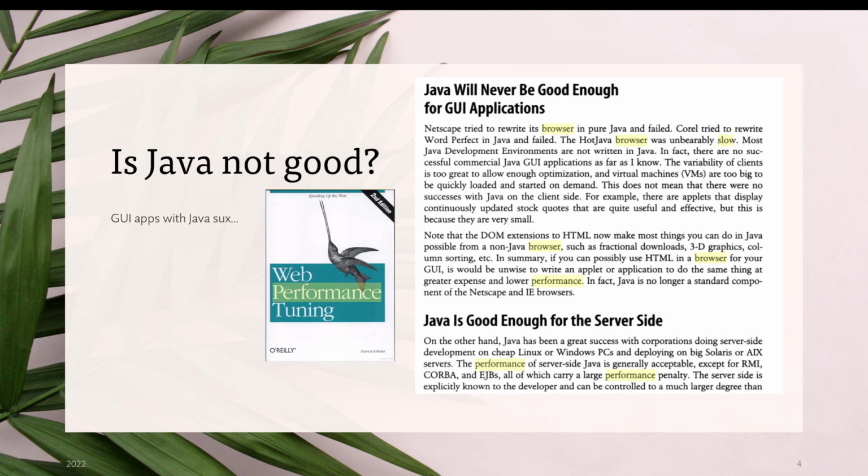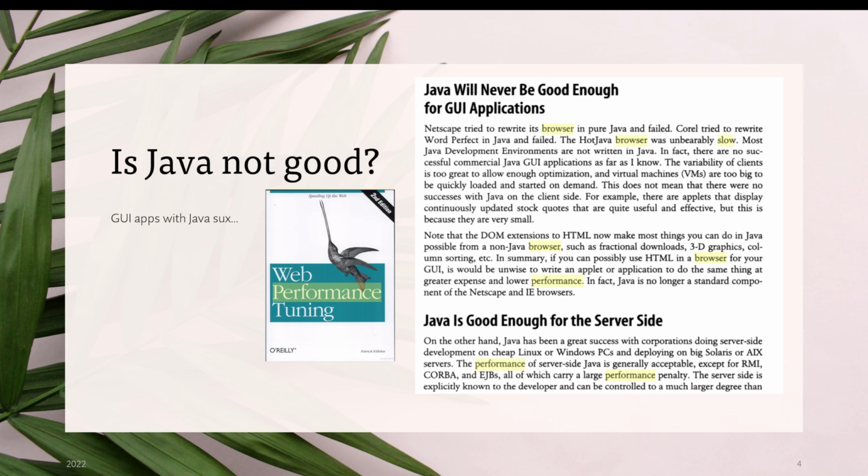I think the first thing to consider is the perspective of Java performance people talking about it, and they will say basically that desktop in Java can't be done. Here's the full quote. It says it's very good for web.